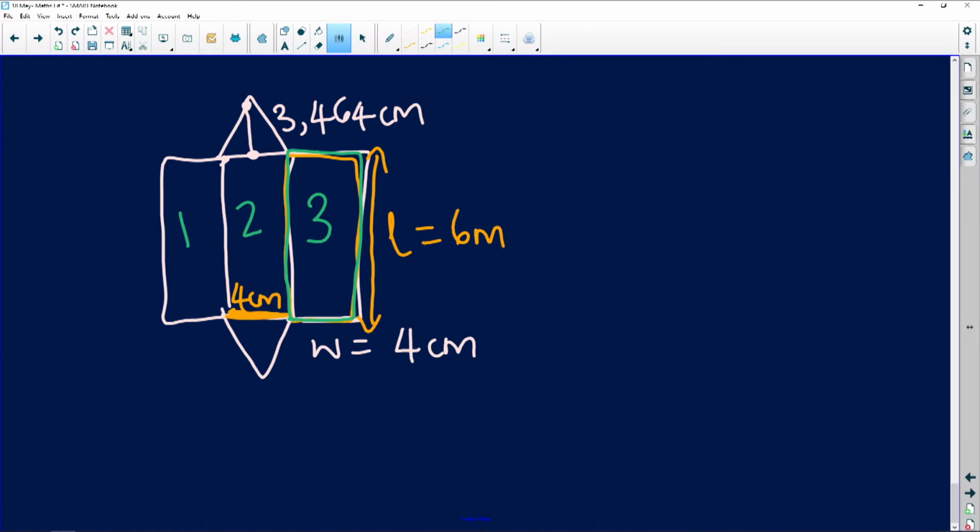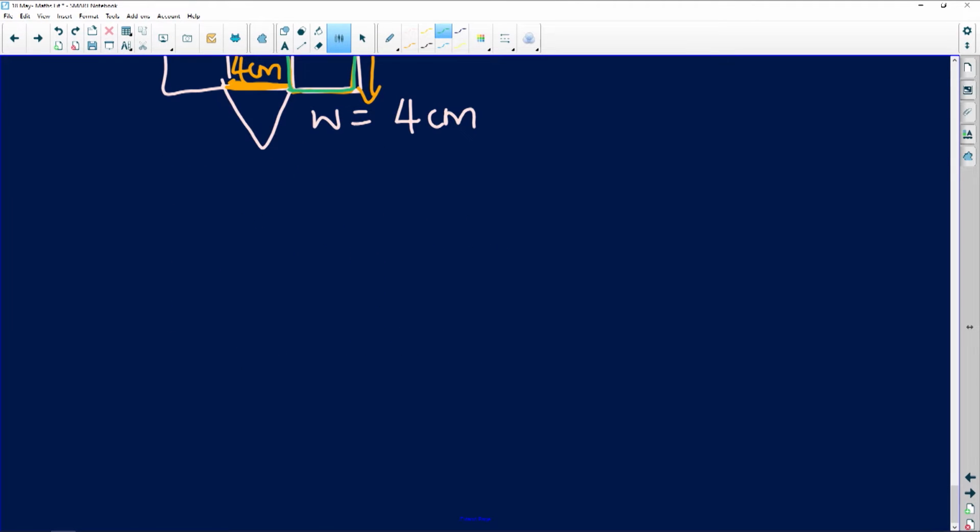Let's go see. The area of a triangle, let's just see if that is visible. Let me just move that. Okay, that's fine. So area of a triangle is equal to half times base times height.